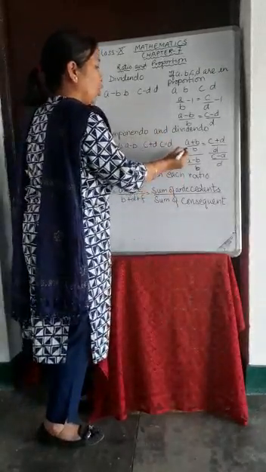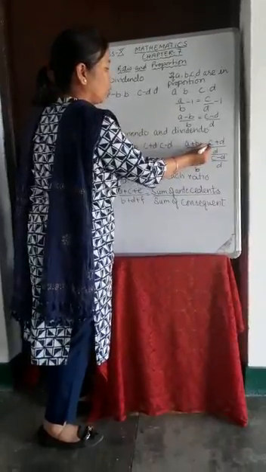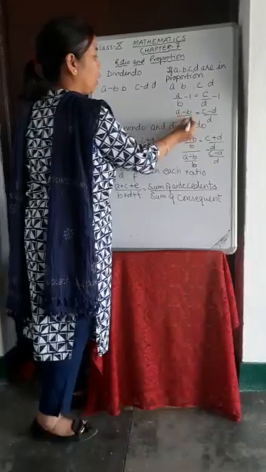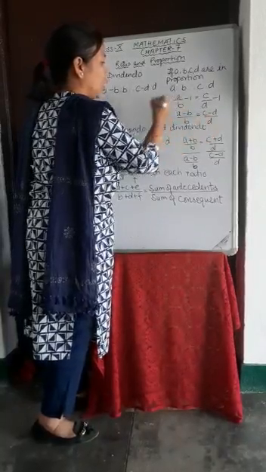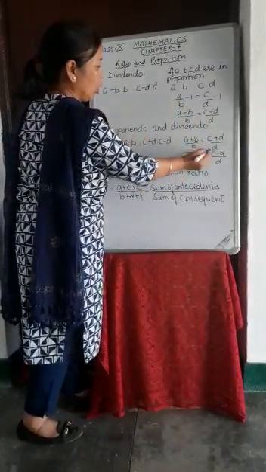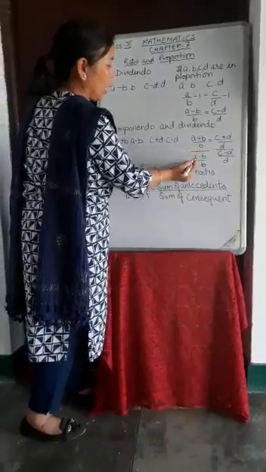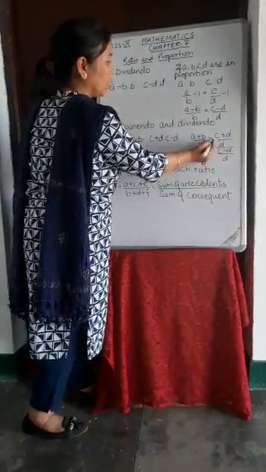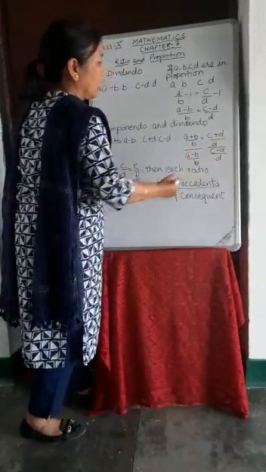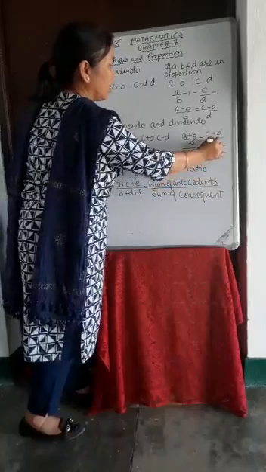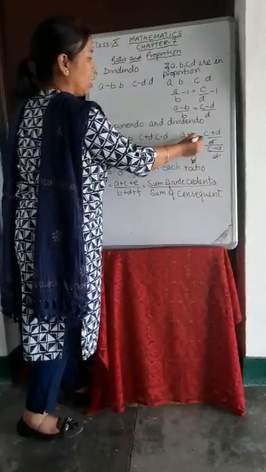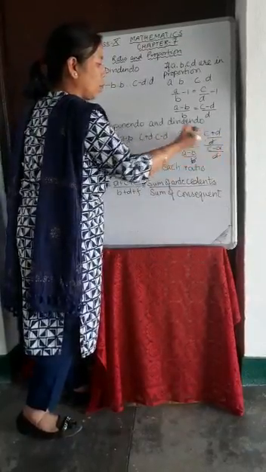In componendo, A plus B upon B equals C plus D upon D. And in dividendo, A minus B upon B equals C minus D upon D. So if we divide the componendo by the dividendo, we get A plus B upon B divided by A minus B upon B, which is equal to C plus D upon D divided by C minus D upon D. And here this B and B will be cancelled and D will be cancelled. So it will become A plus B upon A minus B equals C plus D upon C minus D.